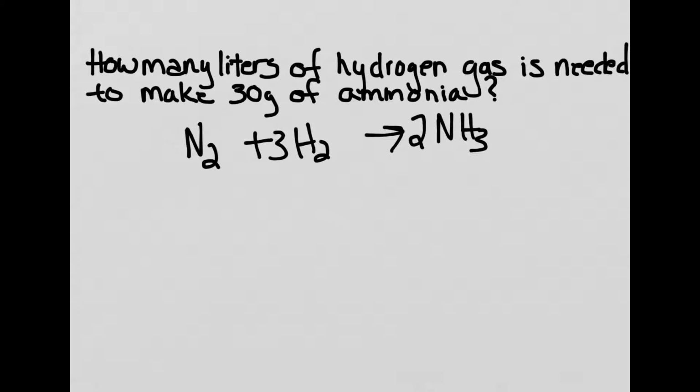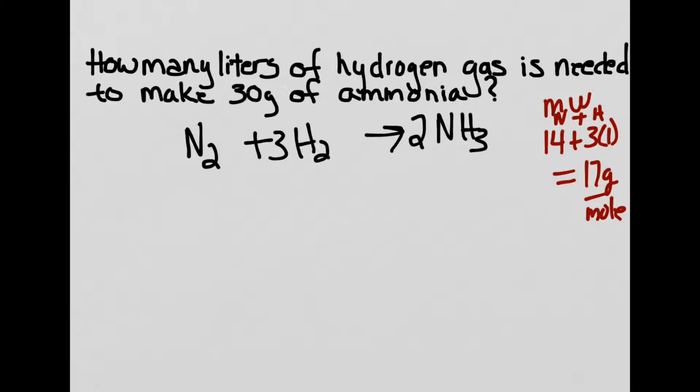Okay, the molecular weight of ammonia is going to be, nitrogen is 14 plus 3 times 1 for the hydrogen. Nitrogen plus hydrogen is going to equal 17 grams per mole.